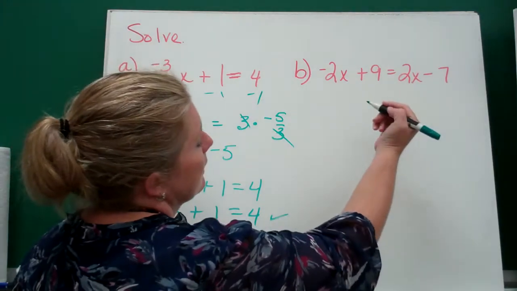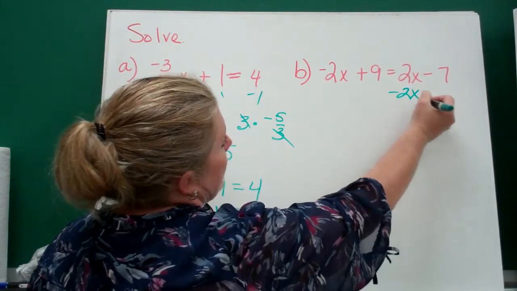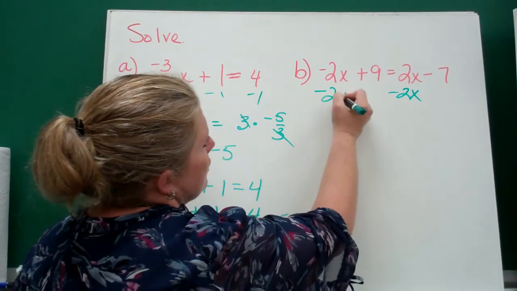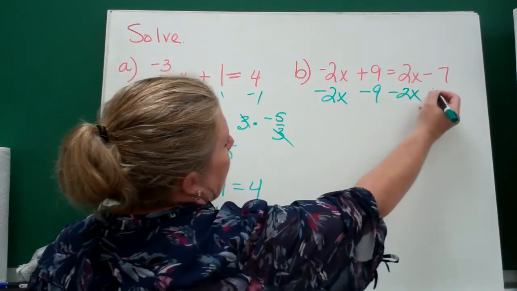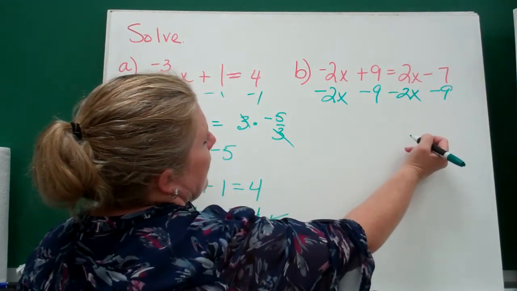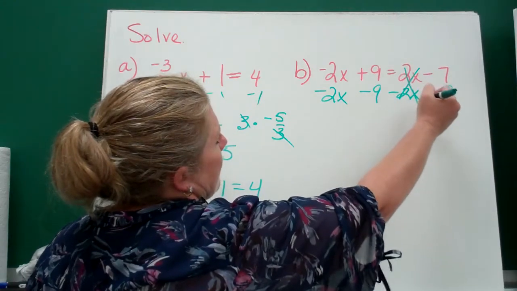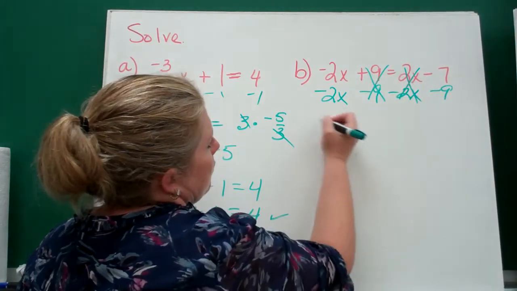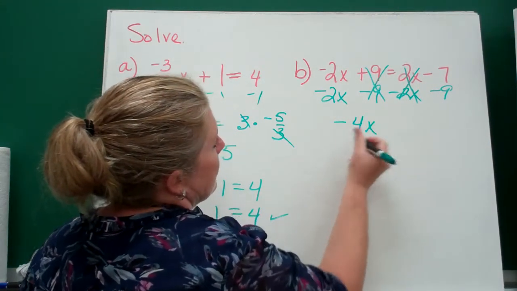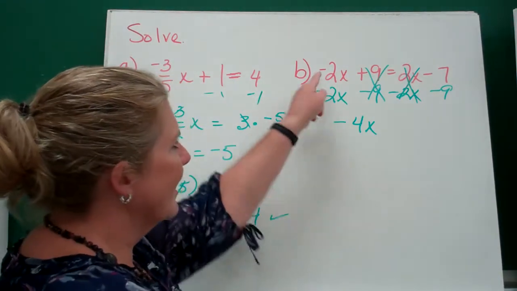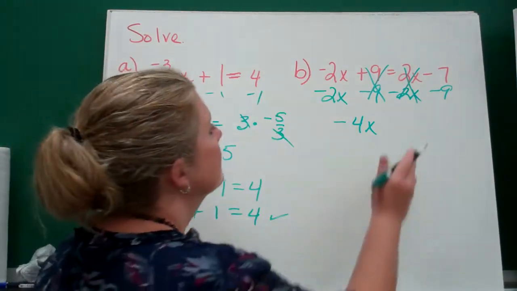I'm going to keep the variable on the left, so I'm going to subtract 2x, subtract 2x, subtract 9, subtract 9. These cancel, these cancel. We've got -4x. Now don't make the mistake and say that's 0, because that is not.